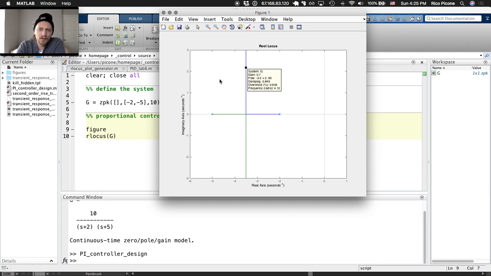So as we increase the gain, we see that our percent overshoot goes down, but we really need more points here. The gain only went up to 1 here. Let's do it again with the grid on, and let's make sure that we go up to higher gains than this.